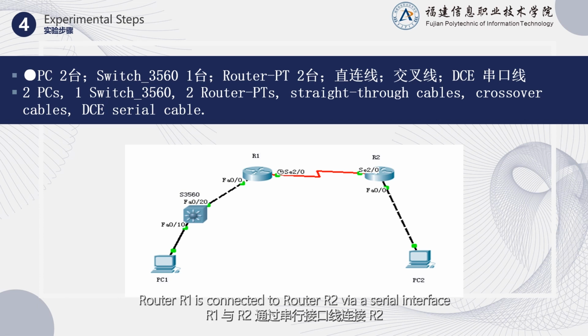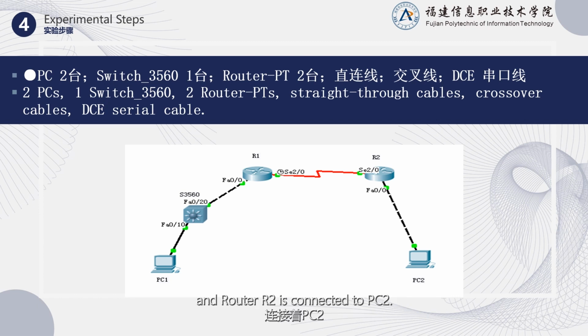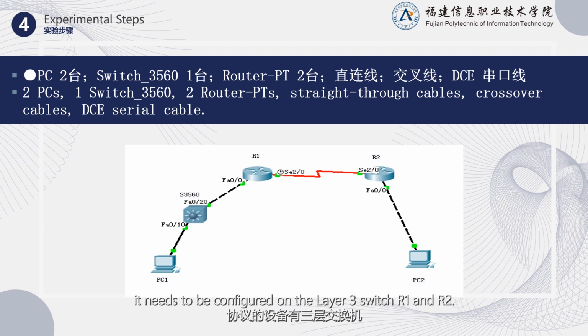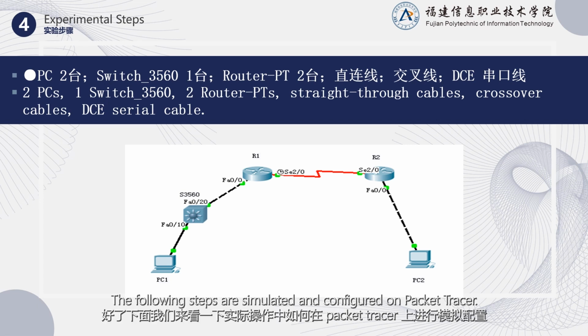Router R1 is connected to router R2 via a serial interface, and router R2 is connected to PC2. To configure the RIP version 2 protocol, it needs to be configured on the layer 3 switch, R1 and R2. The following steps are simulated and configured on Packet Tracer.